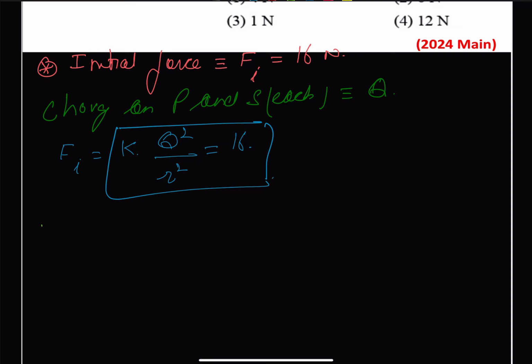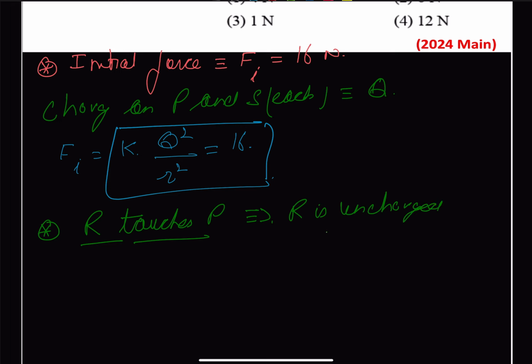So let us first assume that R touches P, and remember R is initially uncharged. But it is identical to P as well as S. So because of that we can say that charge will be equally divided between P and R.